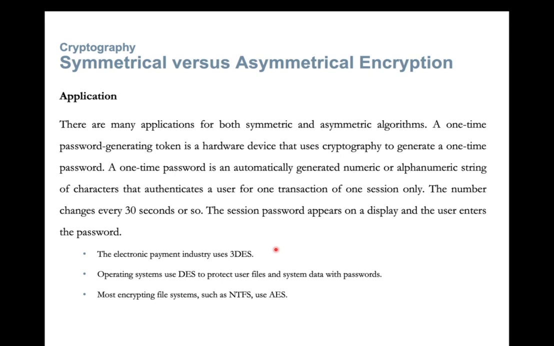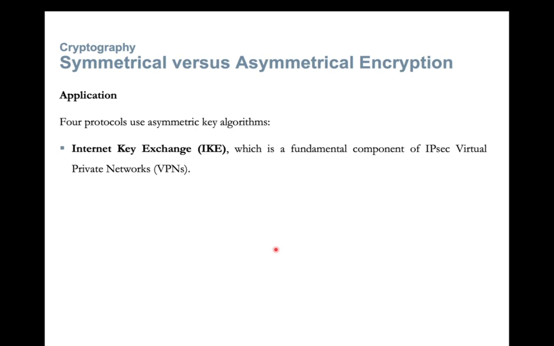There are four protocols that use asymmetric key algorithms. One is the Internet Key Exchange protocols, which use asymmetric key encryption. The Internet Key Exchange is a fundamental component of Internet Protocol Security Virtual Private Networks, or VPN.